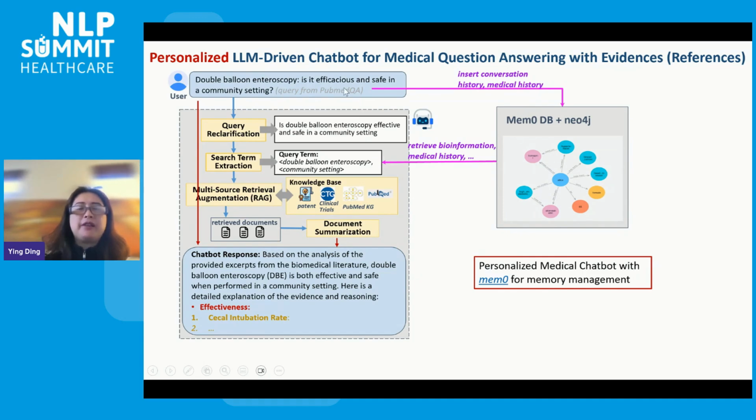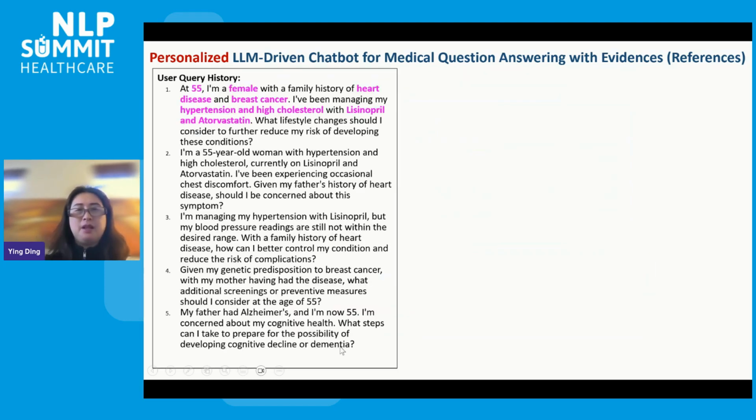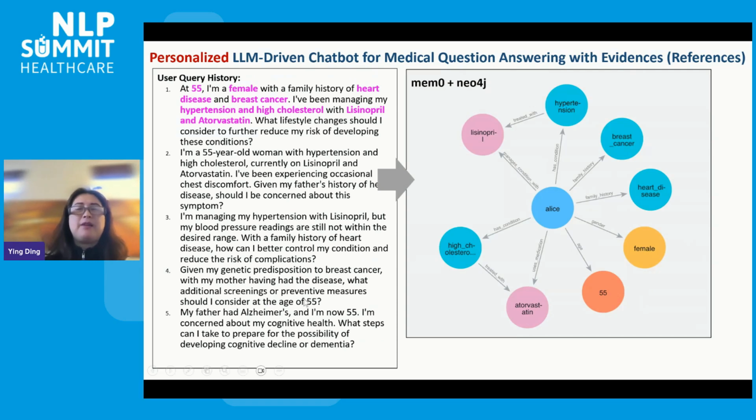Suppose it is for a patient, we can do more detailed things to get the patient's medical history into Mem0, and also retrieve the information into the query, and we can also retrieve more responses and generate the summaries. So this is by patient history.